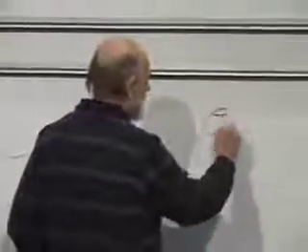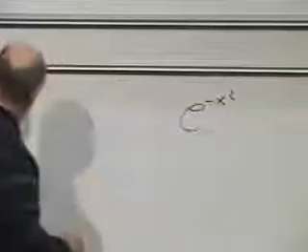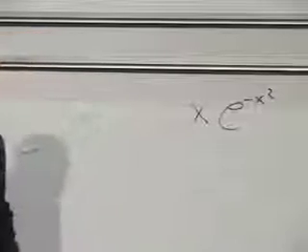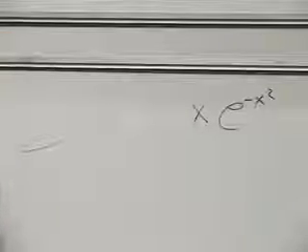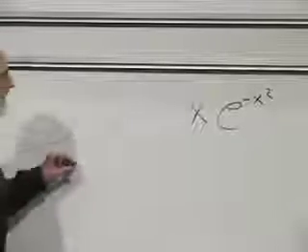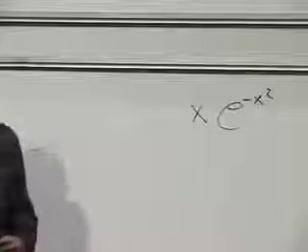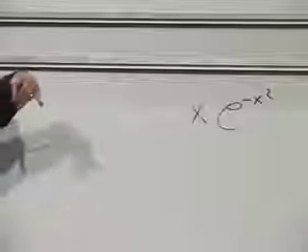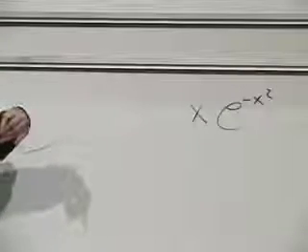So for example, let's suppose this function were just e to the minus x squared. e to the minus x squared has a bell shape like that. That is not a numerical multiple of x times e to the minus x squared. The only eigenfunctions of x are delta functions, because when you multiply them by x, only one value of x gets picked out.